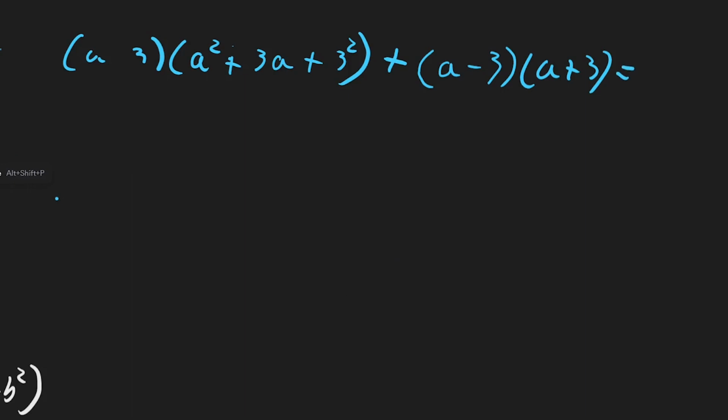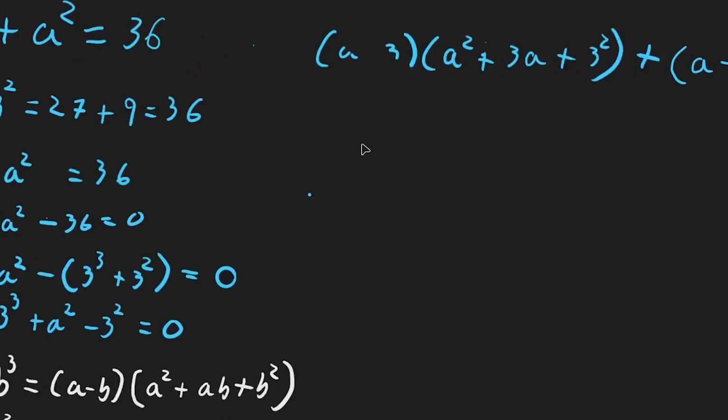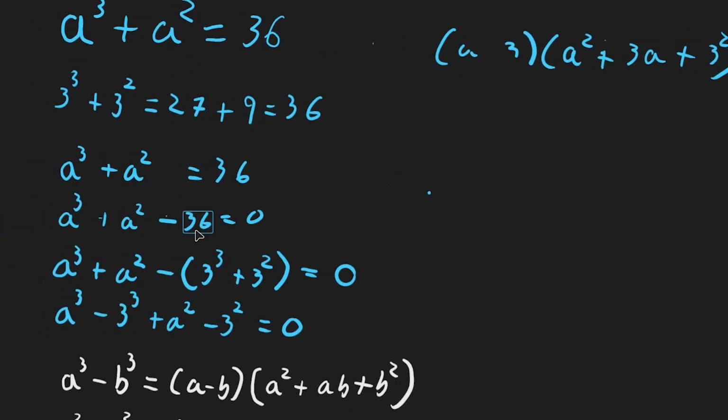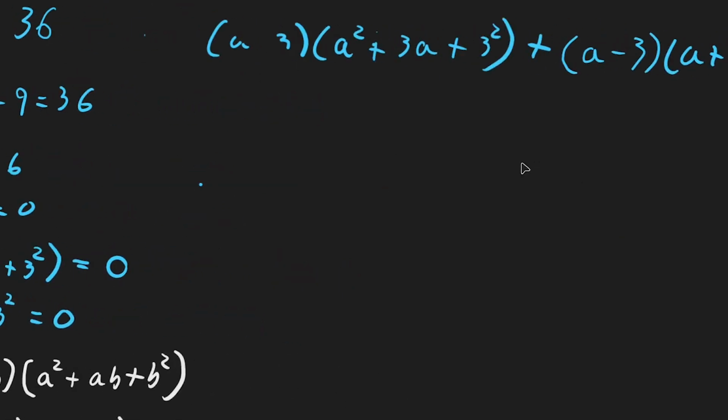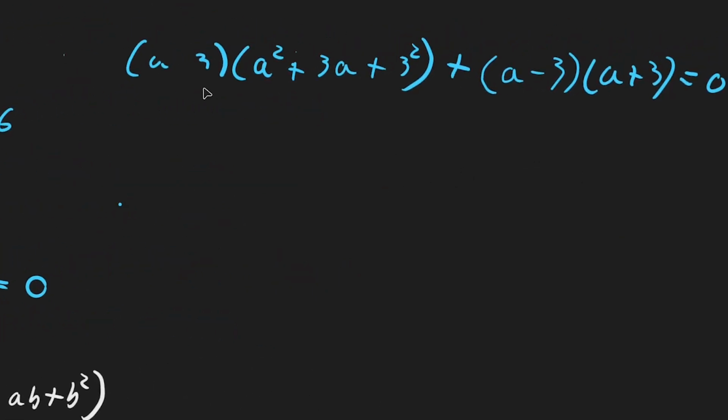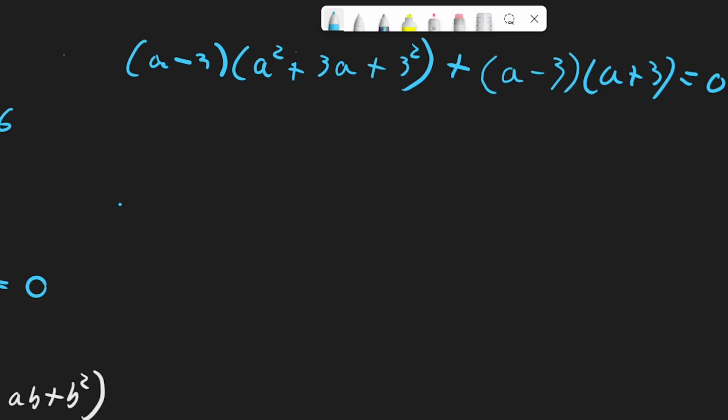Now, this equation is equal to 0 because this is the same equation as we had over here, which basically is the same equation that we started out with. Now, we have an equation where we have the same factor on both parts.